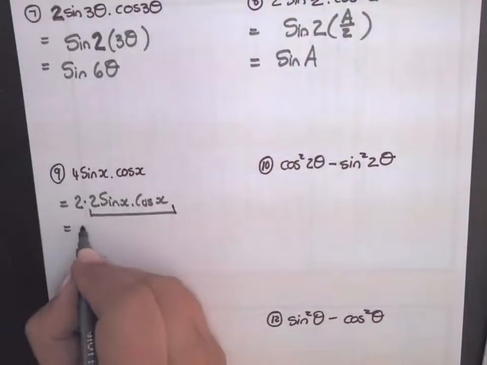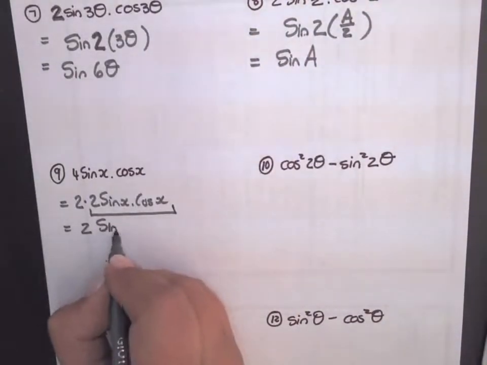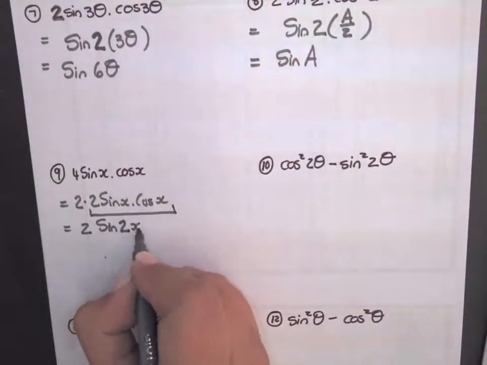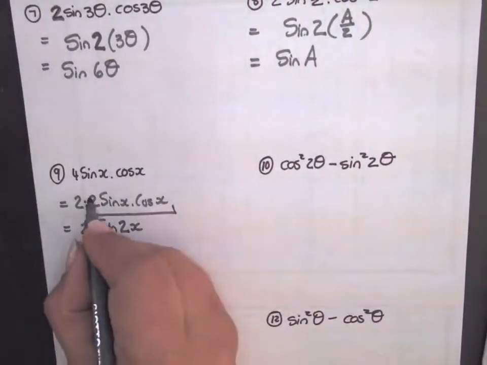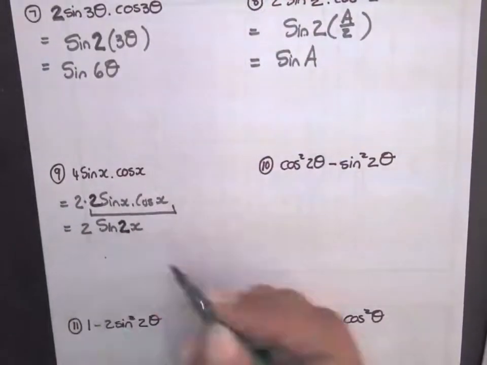So it will be 2 sine 2x. This 2 is the double 2.